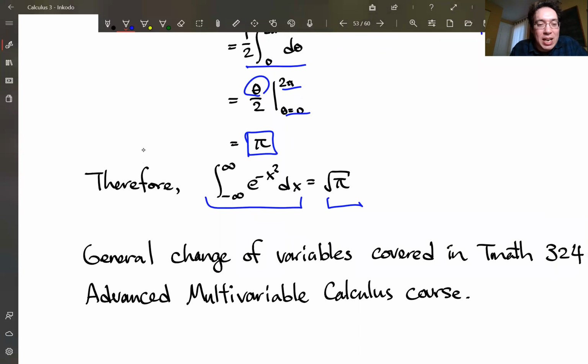Okay, anyways, we haven't talked about how to change variables in general with double integrals or higher dimensional versions of these, like triple integrals and quadruple integrals. If you have high dimensions, how do you change variables?